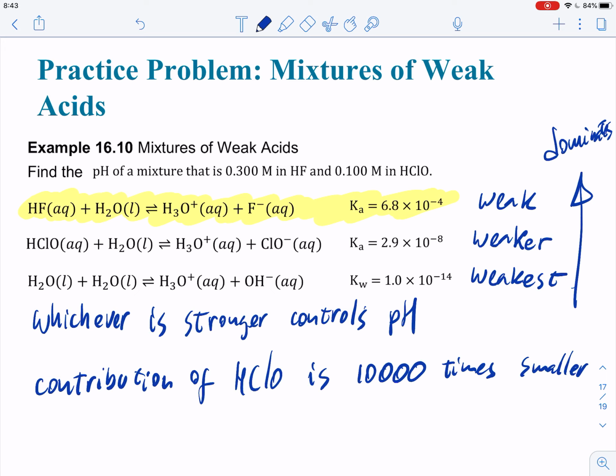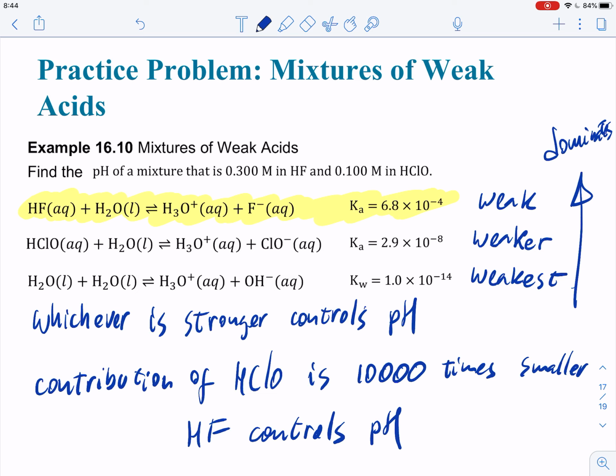So HF controls pH, meaning that if you are going to calculate a pH and you have those three equations, you're going to pick the one with the largest Ka, and you will completely ignore the other two, because there's nothing to contribute from those equilibria.